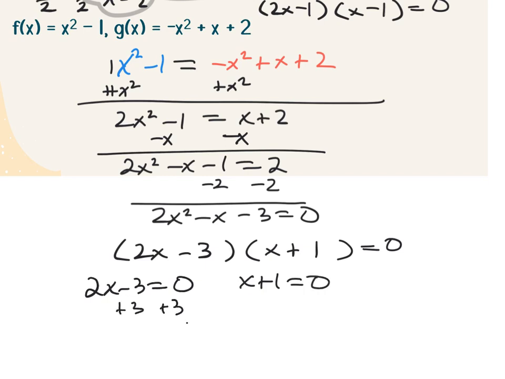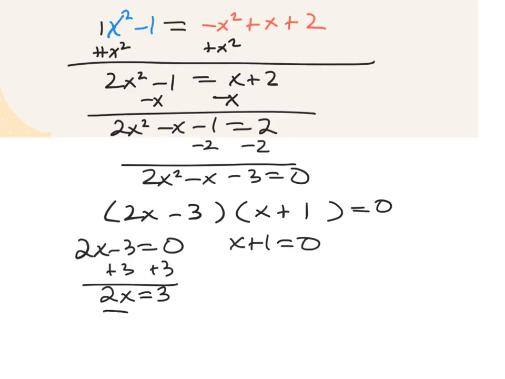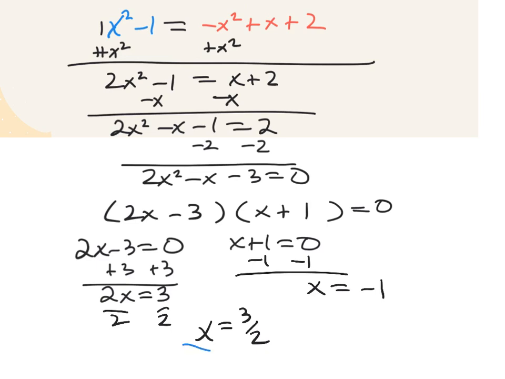Add 3, 2x equals 3, divide by 2, x equals 3 over 2. Over here add 1, and x equals -1. So the two values of x, when f of x equals g of x, are going to be 3 over 2 and -1.